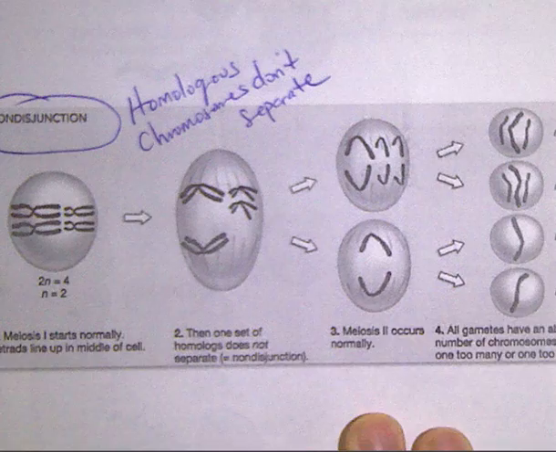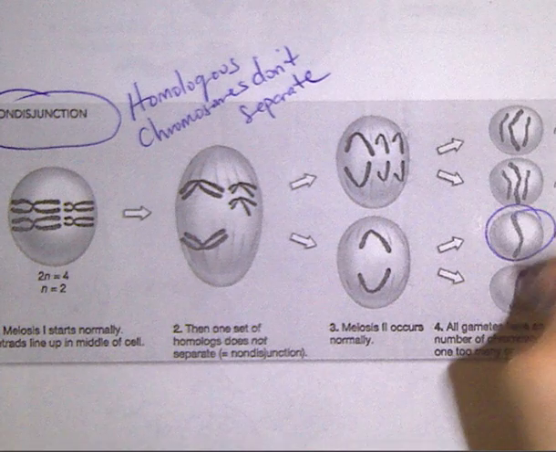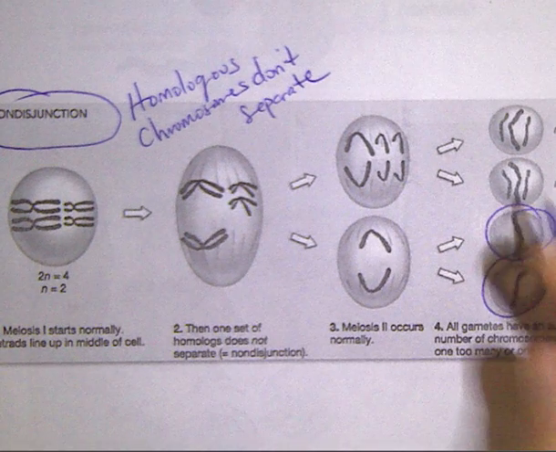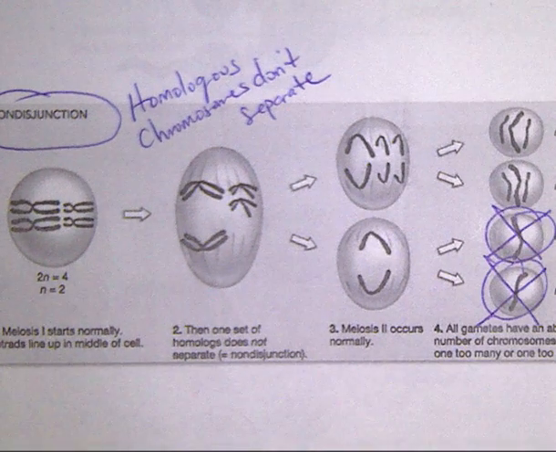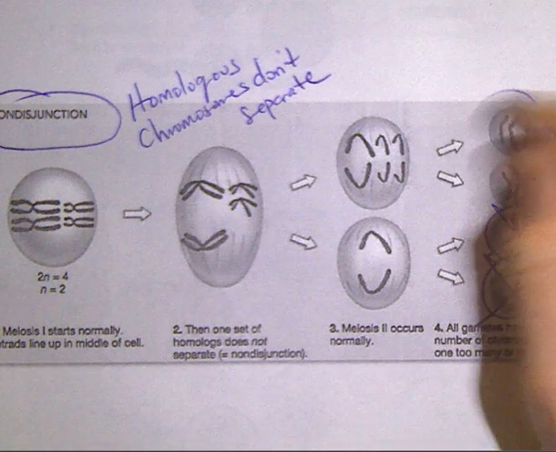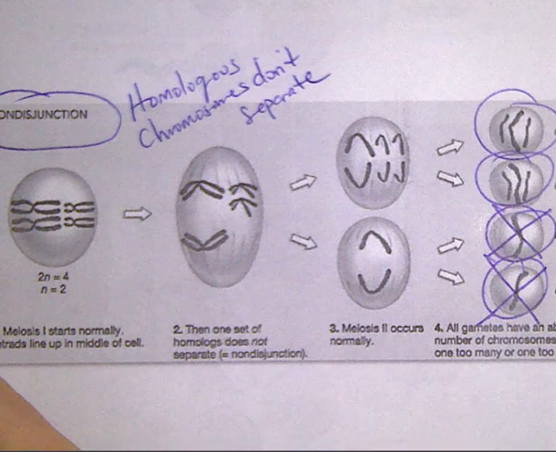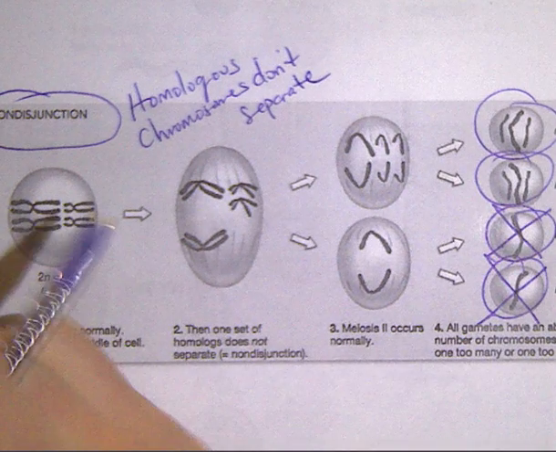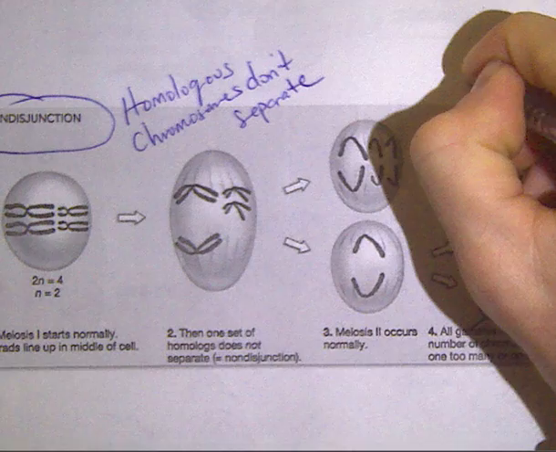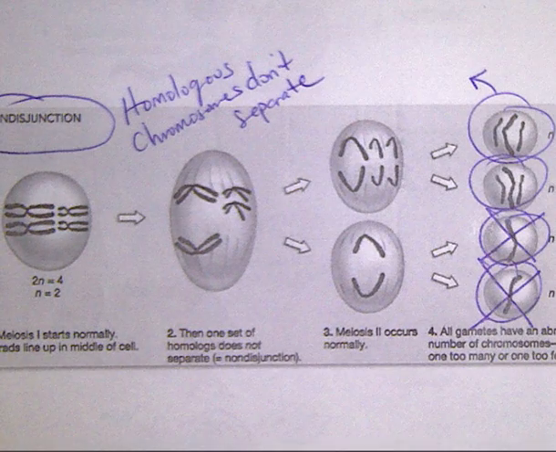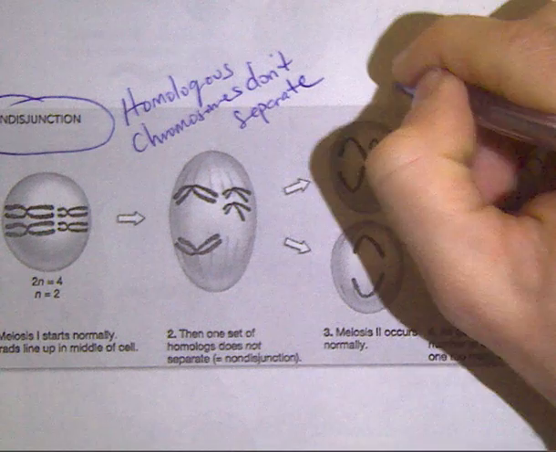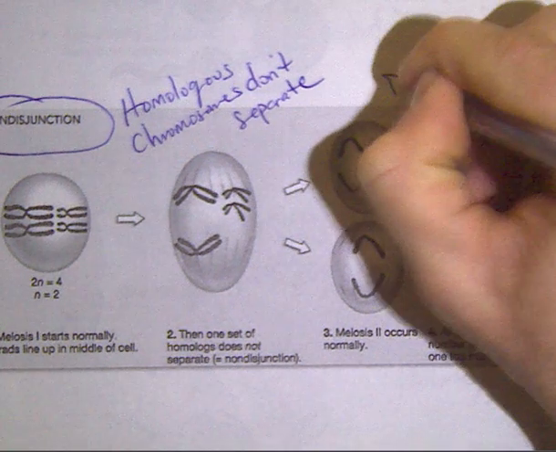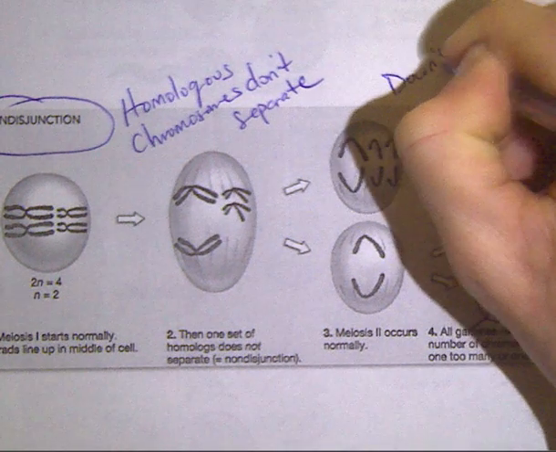And so we end up with 2 cells that don't have the right amount of genetic information. They have too little. Those guys typically don't survive. And we have 2 cells that have too much genetic information. Those guys typically will survive. But when they combine with a sperm or an egg, the resulting cell has too many chromosomes. And this can result in something like Down syndrome.